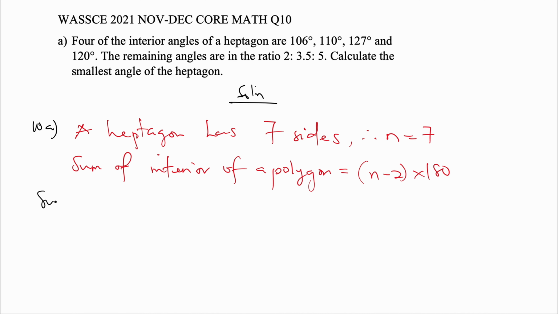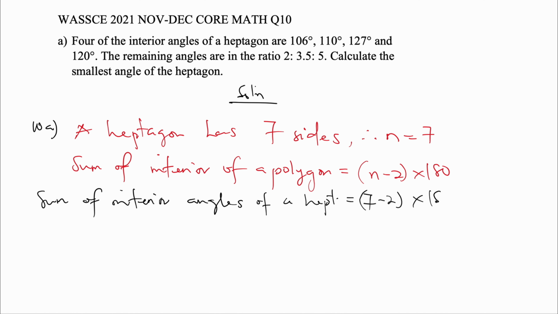So the sum of interior angles of a heptagon is equal to n, which is 7, minus 2 times 180. This is equal to 5 times 180. 5 times 180 is equal to 900. So the sum of angles will be 900 degrees.